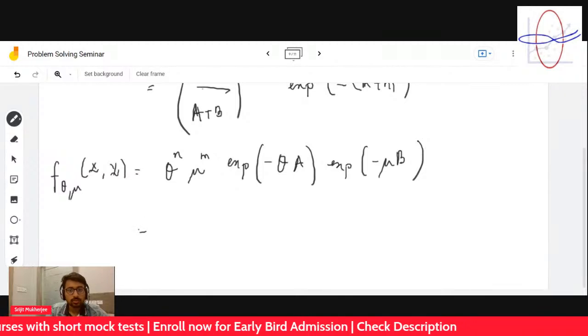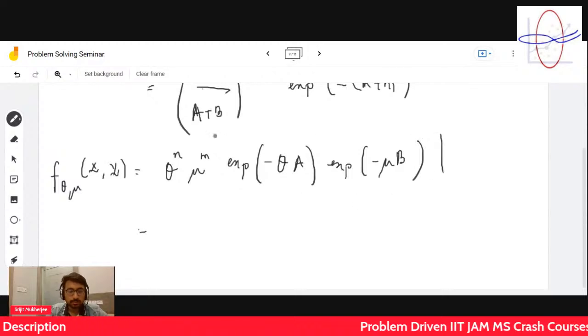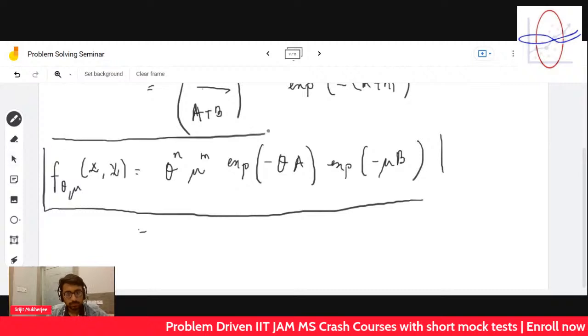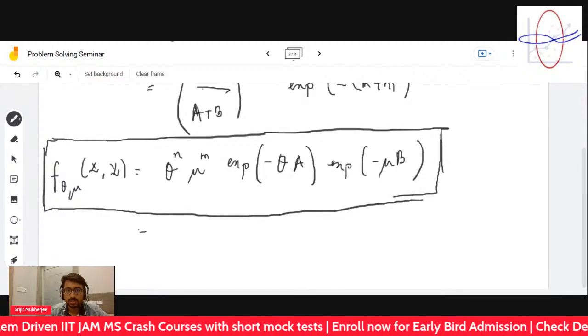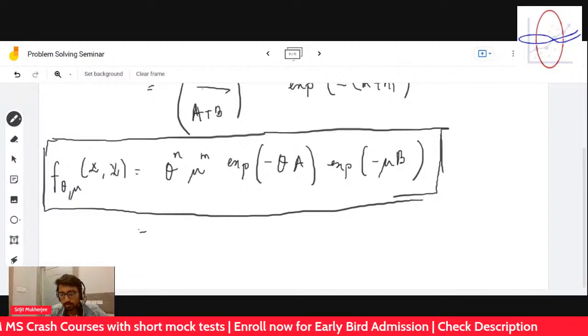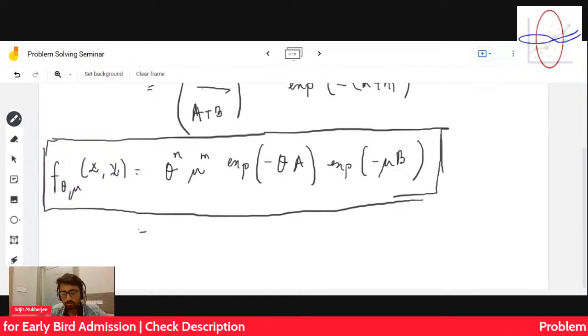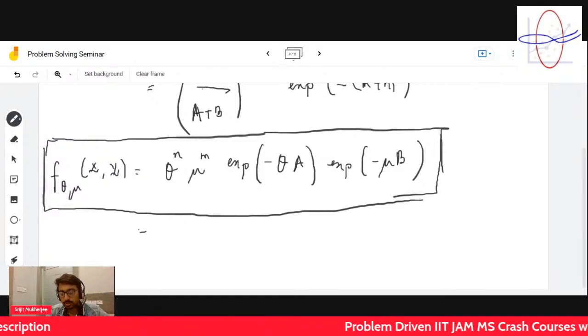All of you got this one? I have written in a different format, guys. Did you understand this form? This is the actual likelihood of x curl and y curl. I have replaced it, written in a different format. It was in product format, and I've written it in summation format.